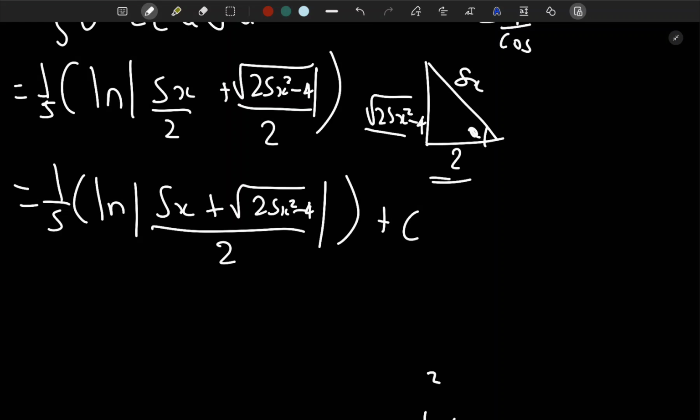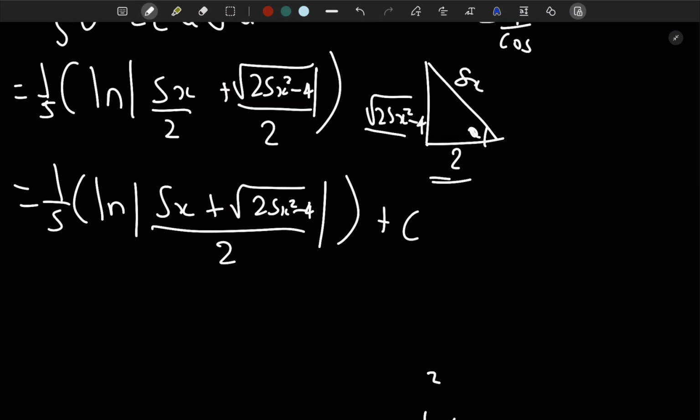Now close the brackets and minus. Okay, there's 2 brackets, so I think I only closed one of them. Yeah, now I close both of them, minus the same thing, 1 over 5, but this time you will substitute x as 1 now, sorry.